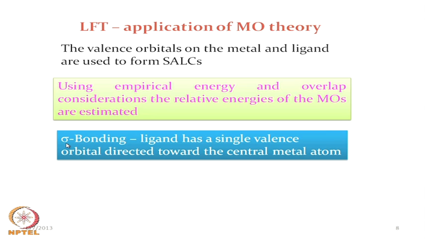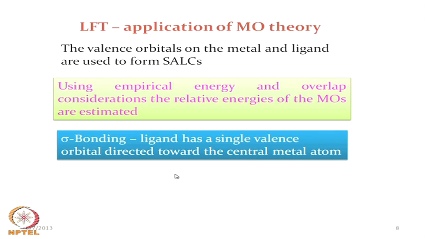So, if we have some sigma bonding orbitals available on the metal center, ligands will have some symmetry related combinations of the different orbitals available on the ligand, or sometimes a pure orbital, say a p orbital, which can be considered as its valence orbital and which is directed towards the central metal atom to give the corresponding overlap for sigma bonding.